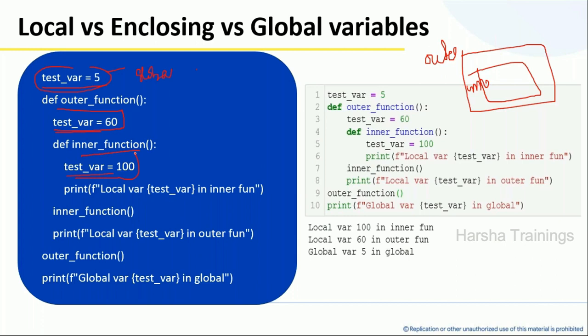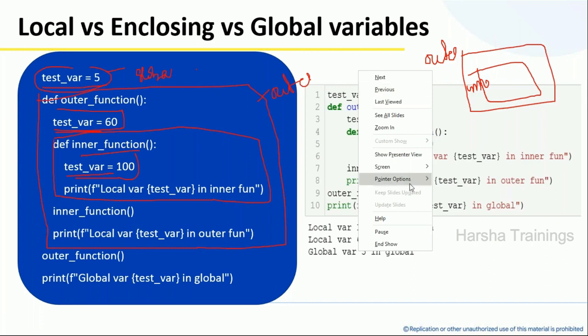Now let me discuss a small point. This is one function definition. Will you agree? Now this is another function definition. Will you agree? Please respond. I will call this outer.